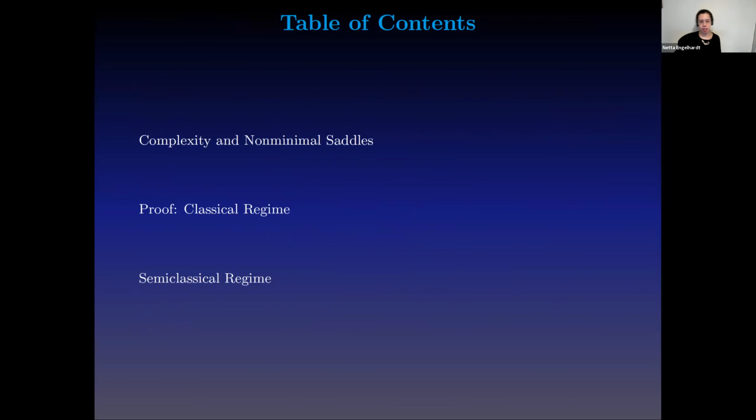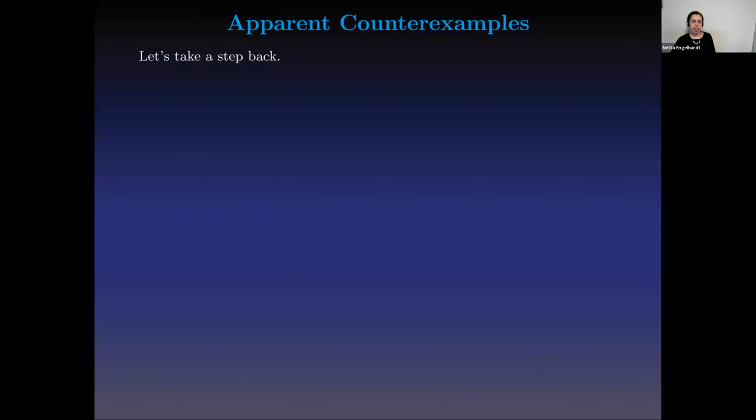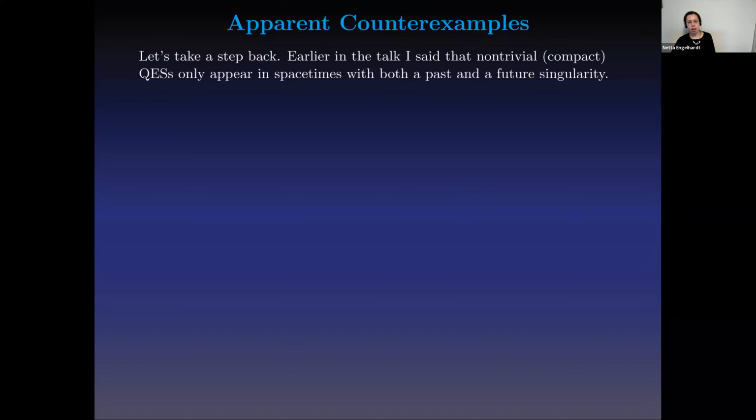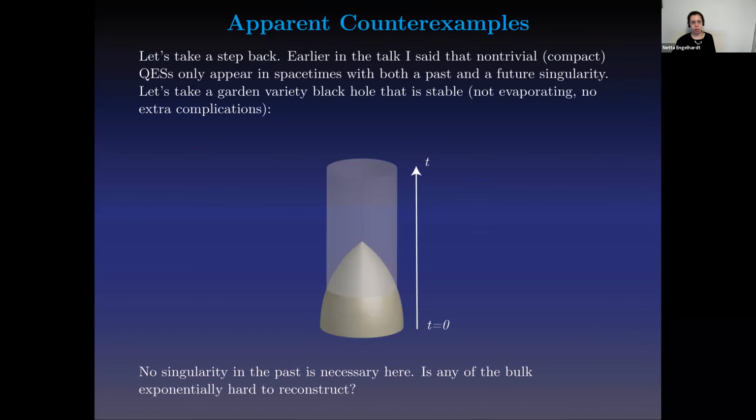Okay, so let's talk about the semi-classical regime where things get somewhat more interesting. As I already mentioned a couple of times, and Sandeep asked, there are apparent counterexamples here. Earlier in the talk, I said that non-trivial or compact quantum extremal surfaces can only appear in spacetimes that have a past and a future singularity. So we take a garden variety black hole here, in Eddington-Finkelstein coordinates, that's stable.